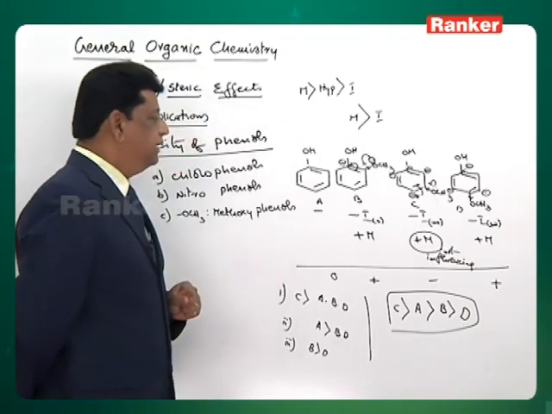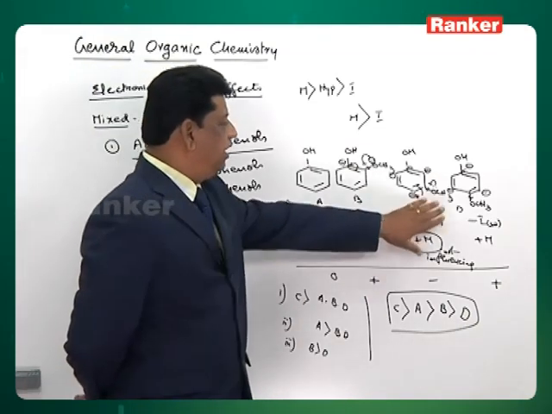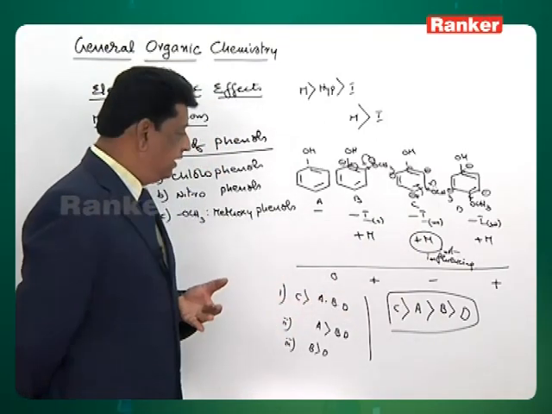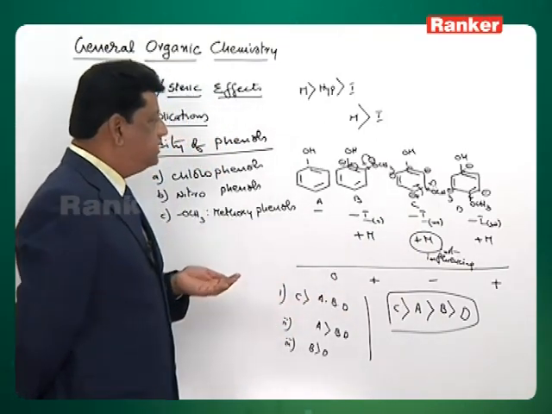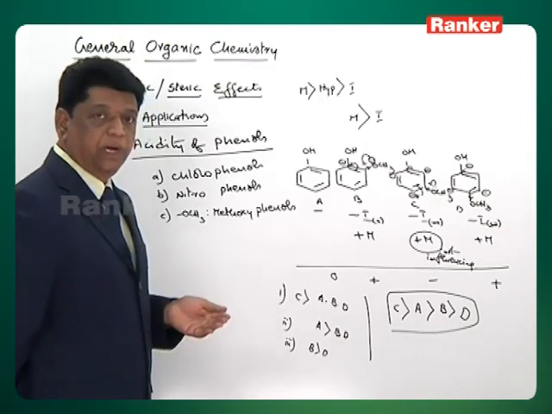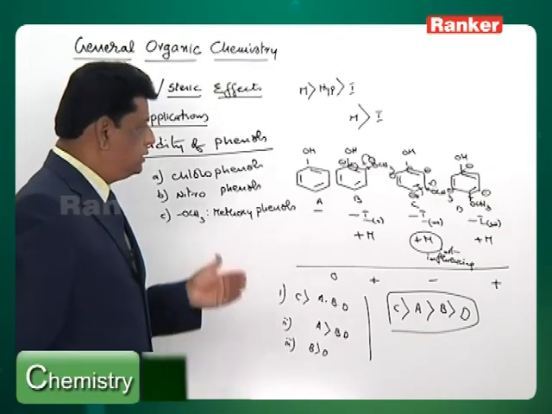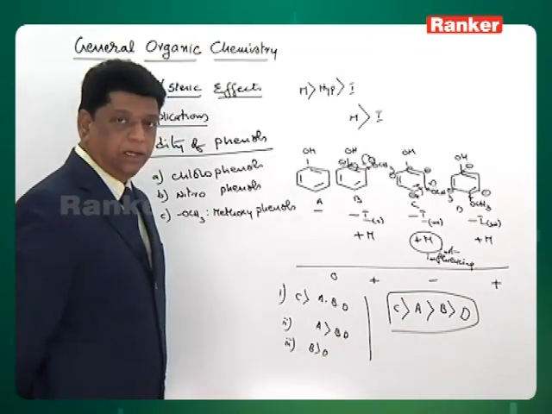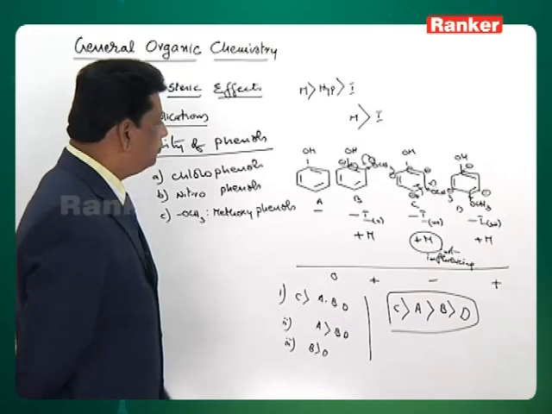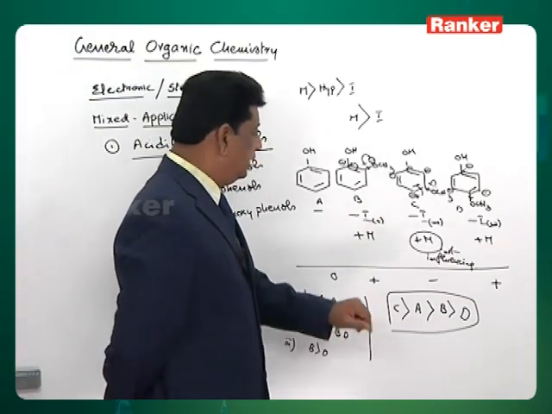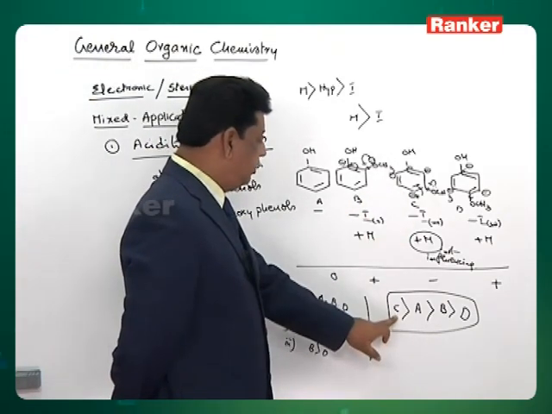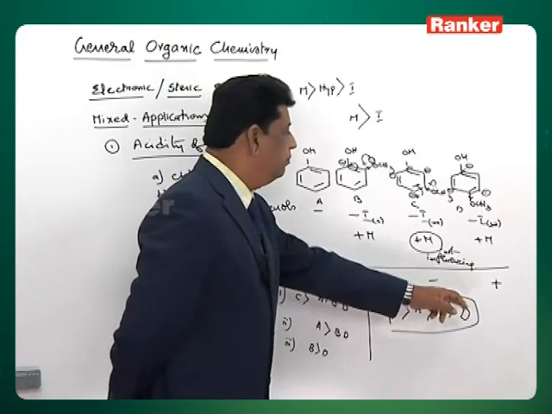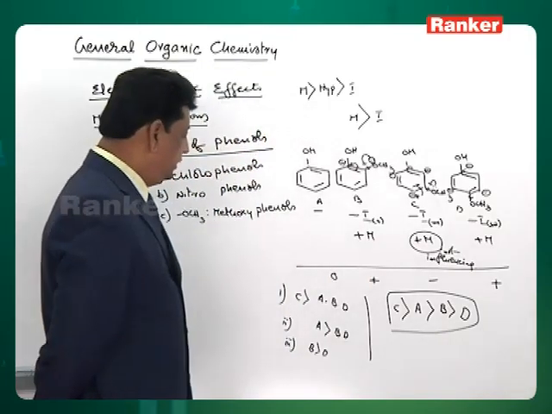Actually methoxy is a plus M group, but plus M is not influencing at the meta position; minus I comes as the net influencing effect. Therefore methoxy at the para position, amino at the para position, hydroxy at the para position are found to be weaker acids than the corresponding unsubstituted phenol. So finally, metamethoxy phenol is stronger than ordinary phenol, then ortho, then para methoxy phenol. That is the final order.